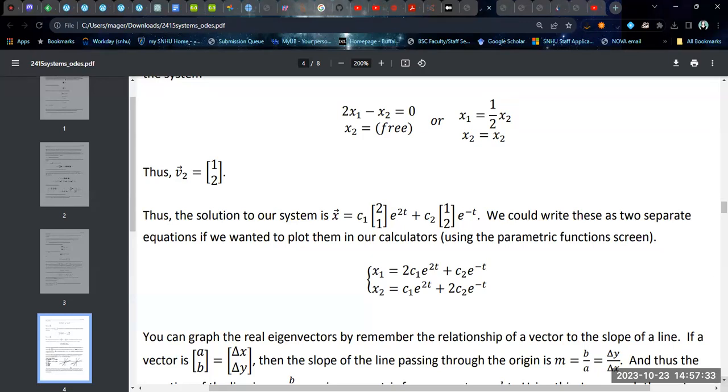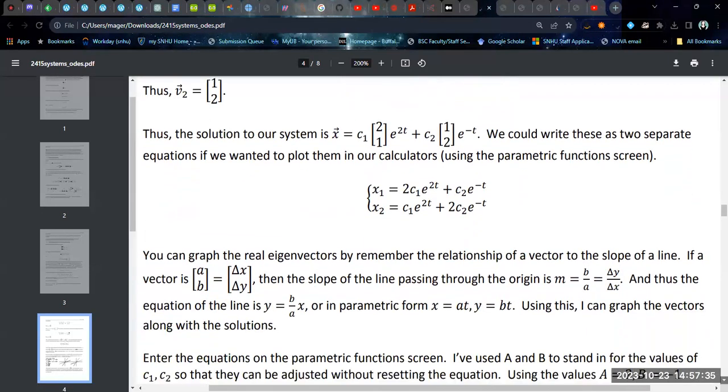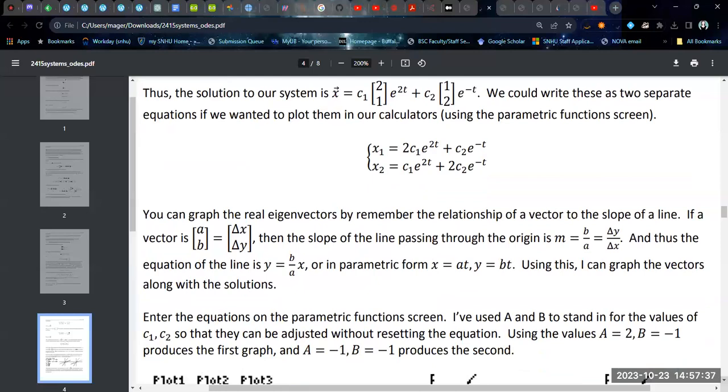And from this, we can start thinking about how to plot these solutions as parametric equations. Now, the eigenvectors themselves can be plotted in terms of a slope. You can think of our vector (a, b) as the change in x and the change in y per time, so the slope of the line through this vector is delta y, which is b, over delta x, which is a.